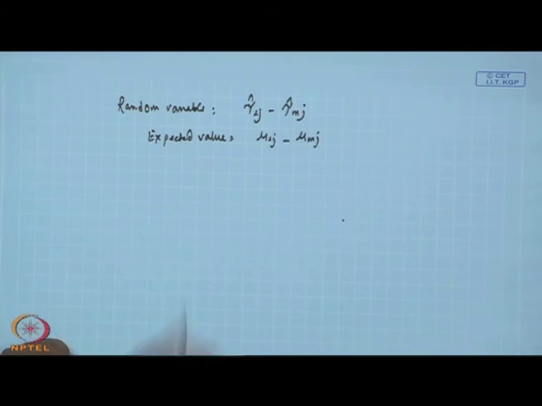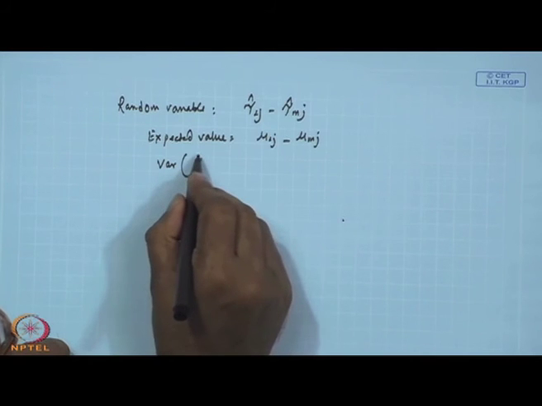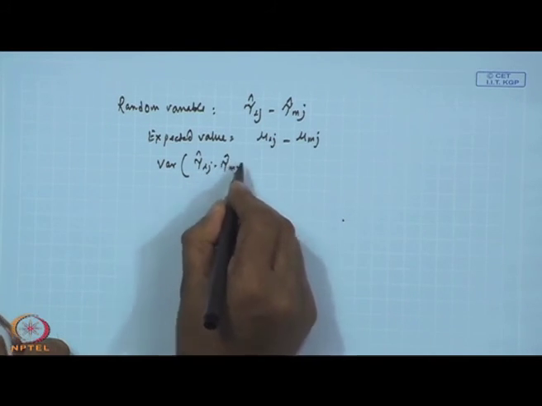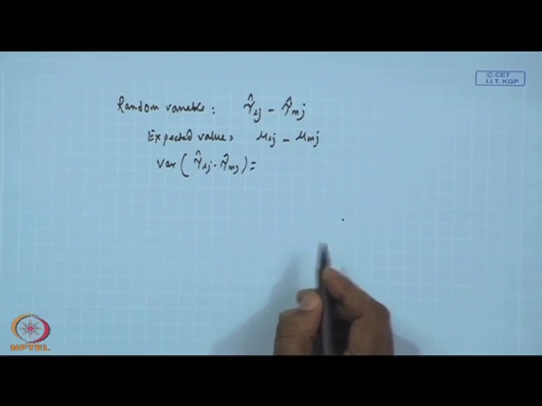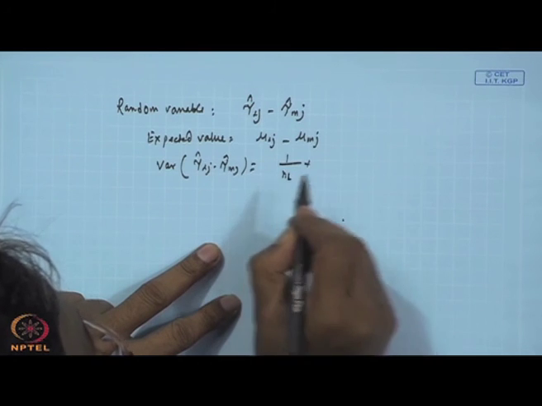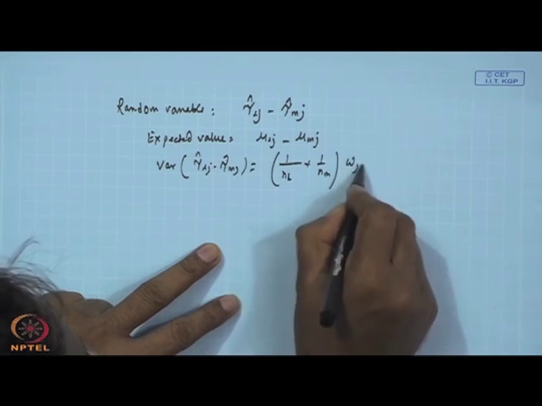You have also got its variance, which is 1 by N L plus 1 by N M into Wjj.